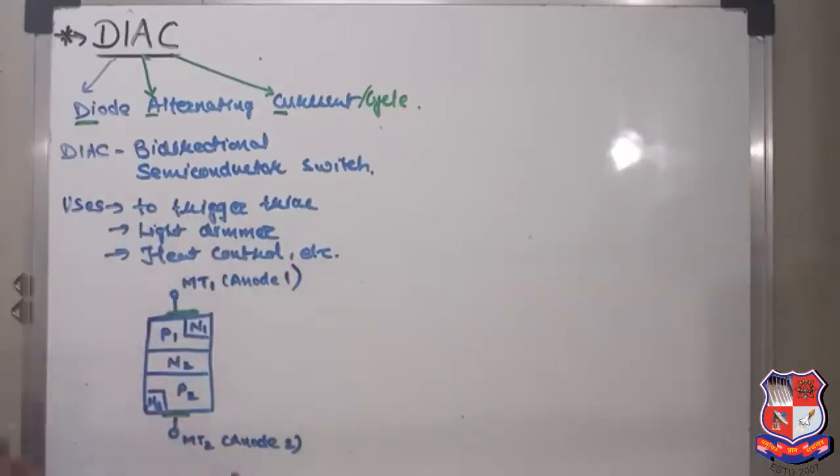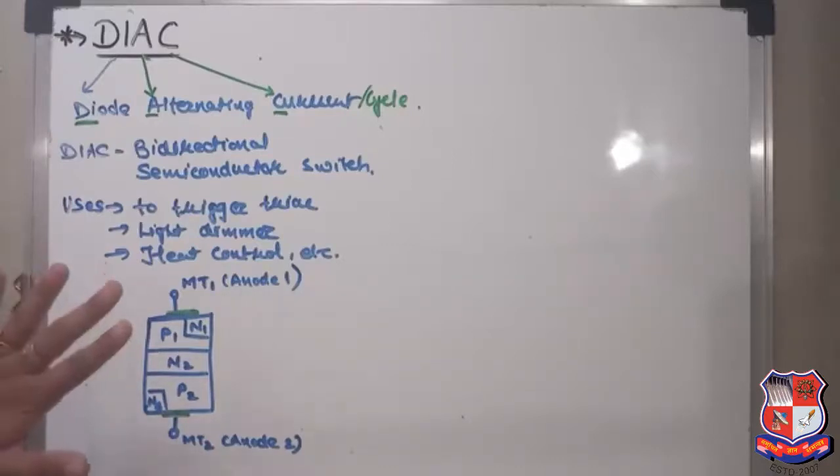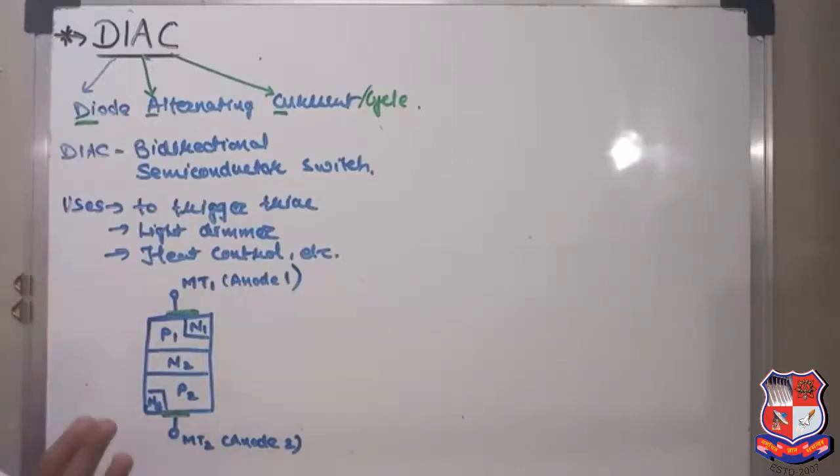Whereas in a diac only two terminals are there, labeled as main terminal 1 and 2. There is no gate terminal, means there is no control terminal. So diac is not a latching device. Diac only conducts when the applied voltage exceeds the avalanche breakdown voltage.